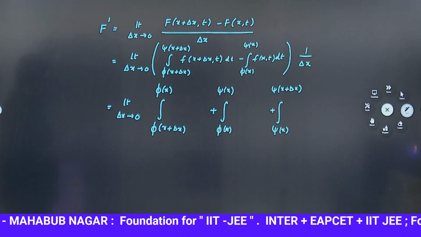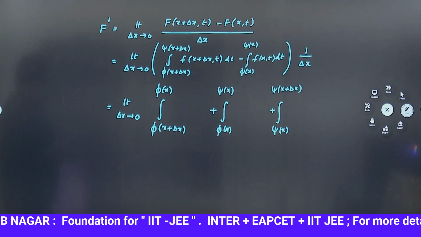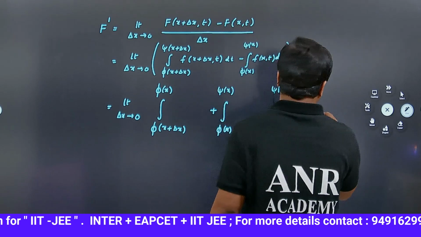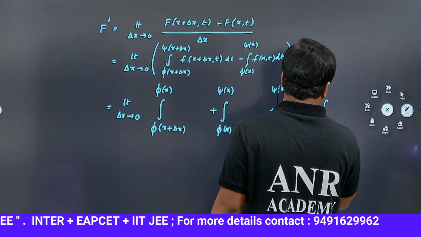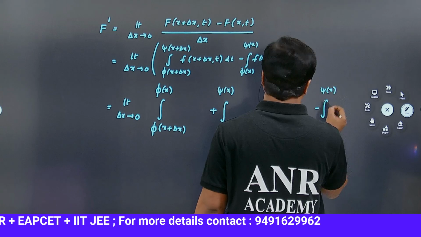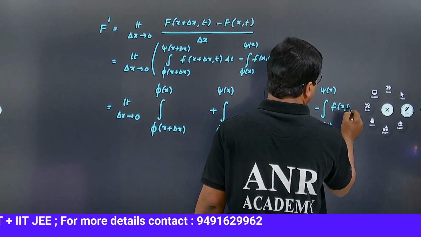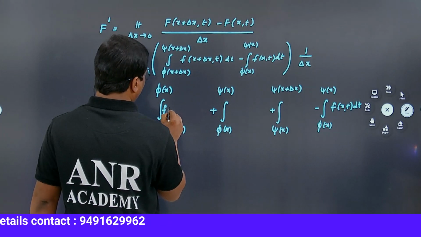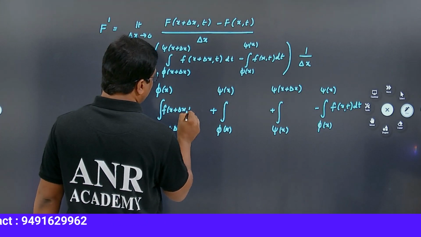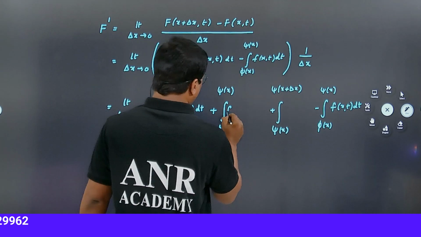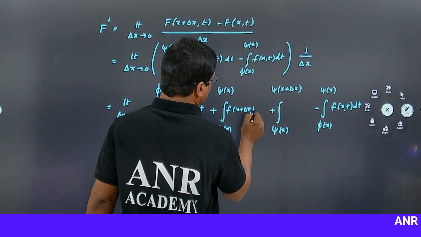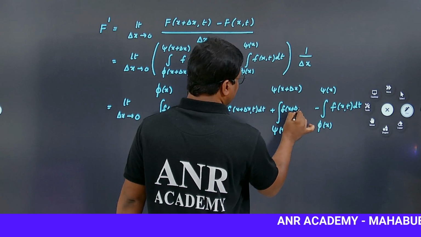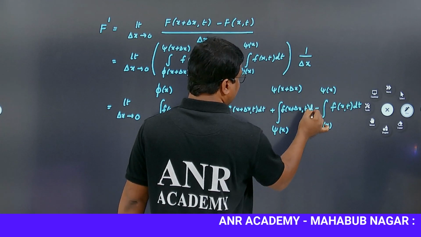And next term you have to write as it is. Next term, minus integral pi of x to psi of x, small f of x comma t dt, and here the integral function is f of x plus delta x comma t dt.